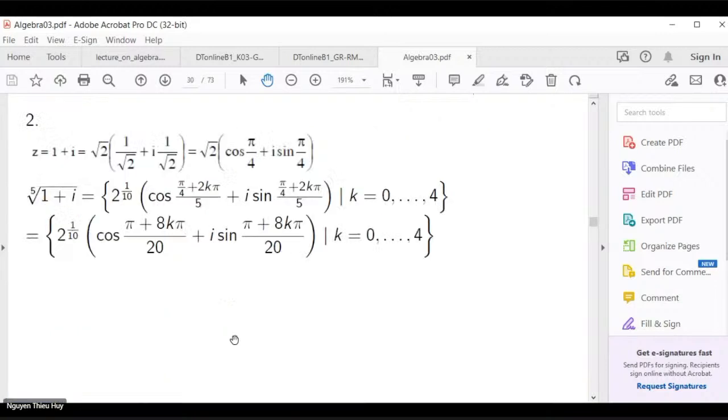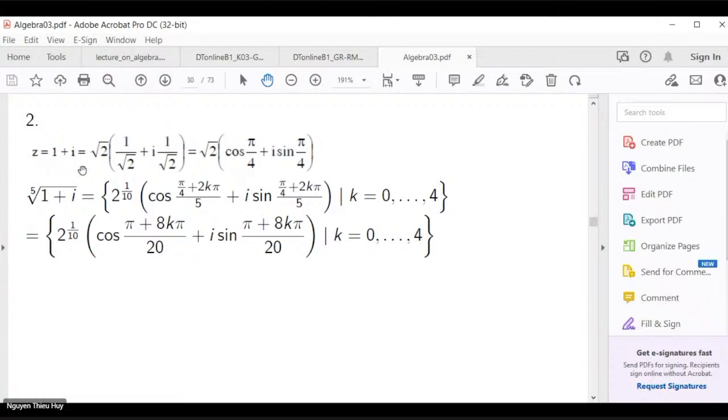Good, and now we go to another example. Let's compute this, where z equals 1 plus i.